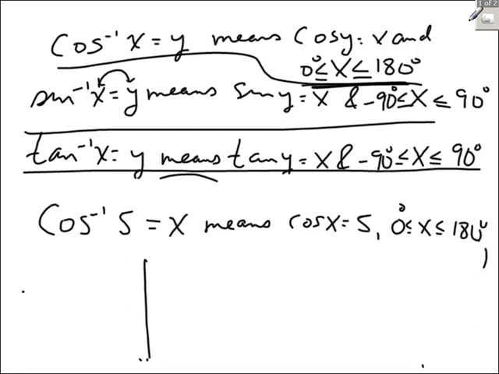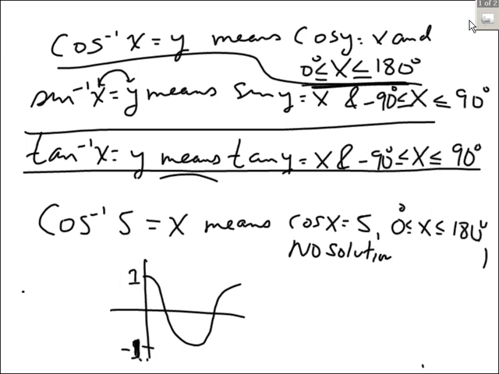But if you consider the cosine graph for a moment, the highest it goes is 1 and the lowest it goes is negative 1. It's never 5. This has no solution. Cosine of no x is 5.